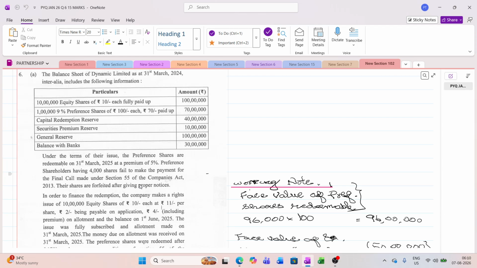So out of the profit, we will be transferring that into a reserve account called the capital redemption reserve account.